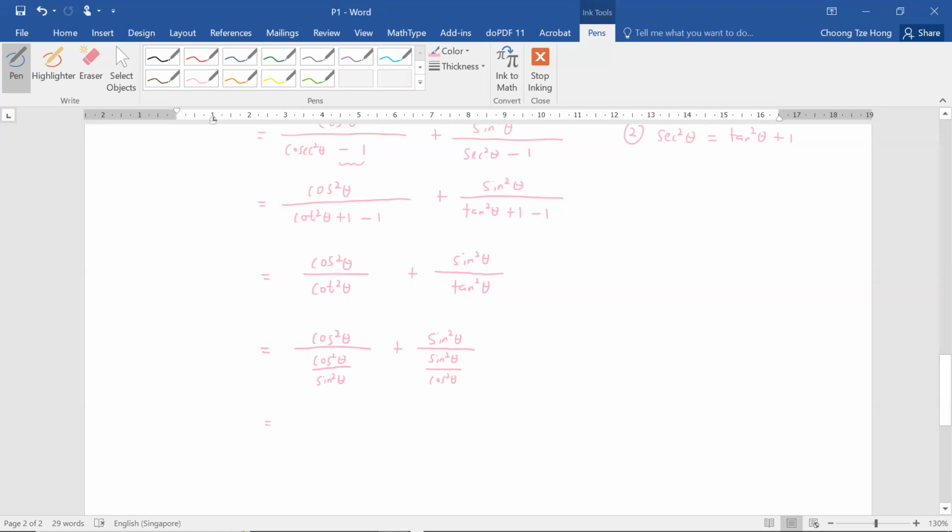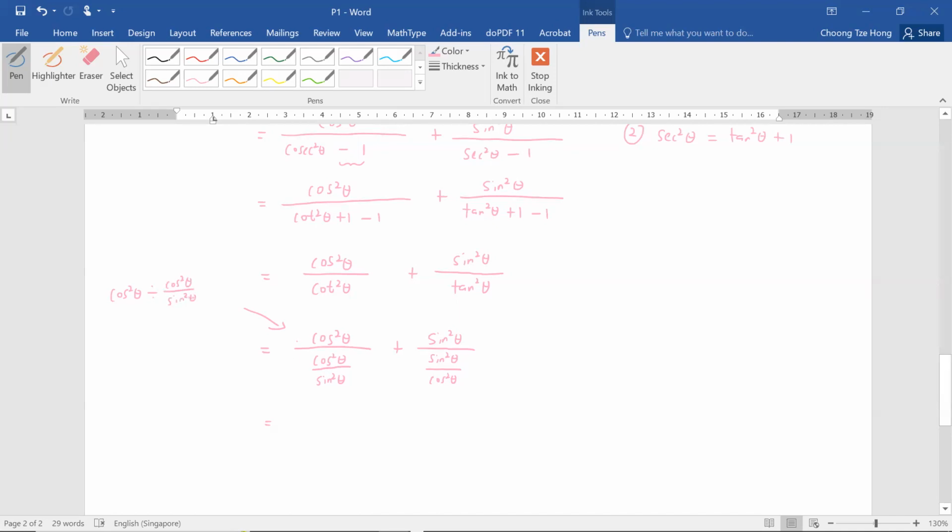So what are we going to get from this? It's a fraction over another fraction, so let's try to simplify this out. If you don't know how to simplify this, then you can write out more working. So do you agree with me that cosine square theta divided by cosine square theta over sine square theta can be written like this?